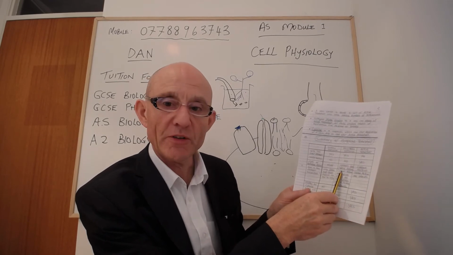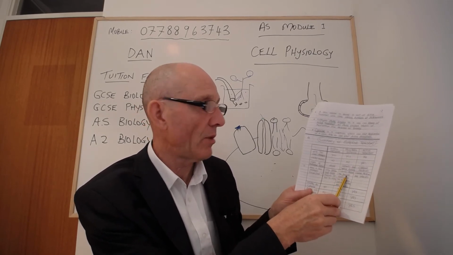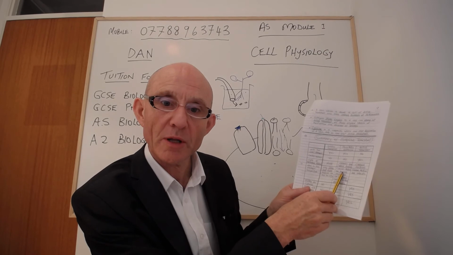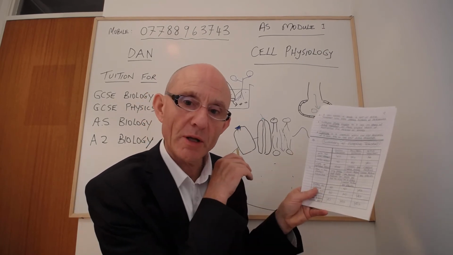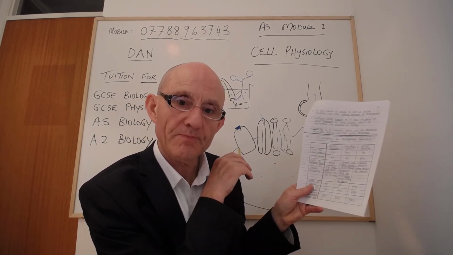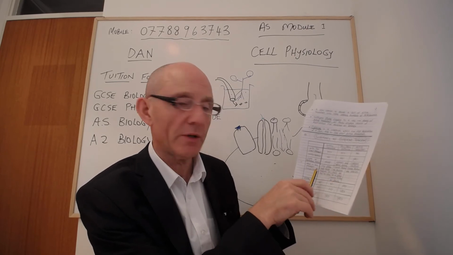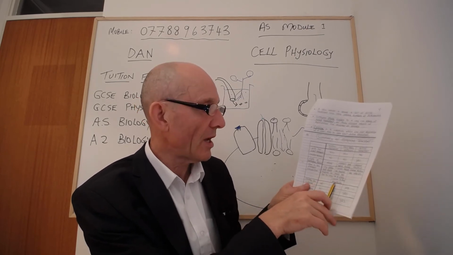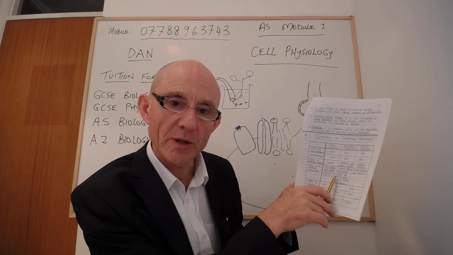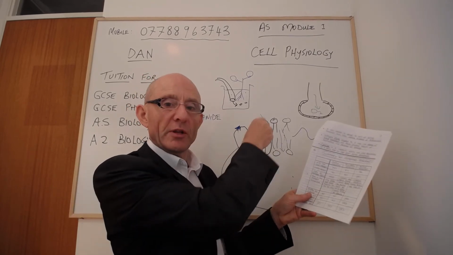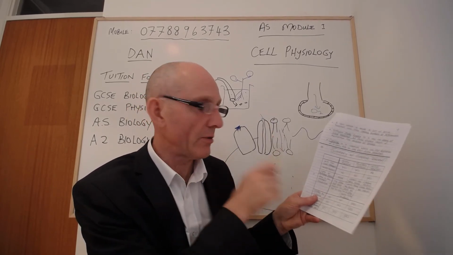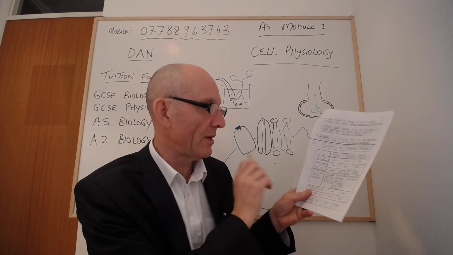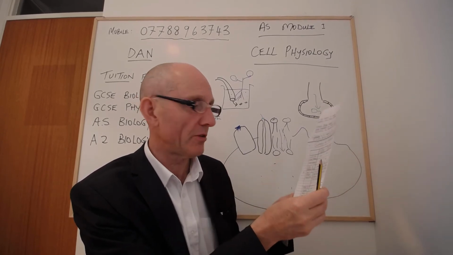Well, first of all, the channel proteins are molecule specific, because the molecule has to be the right shape to get through the channel. And secondly, the carrier proteins are molecule specific as well, because if you don't fit into them, you can't get through. So that's the way in which facilitated diffusion is a specific process.